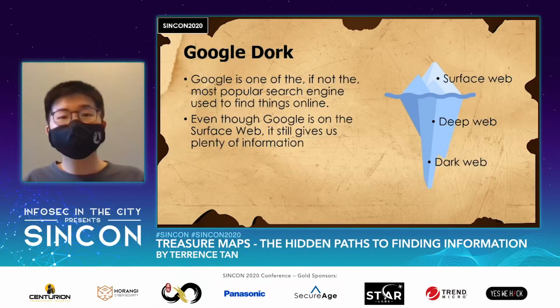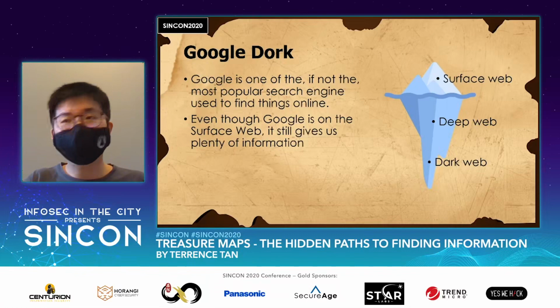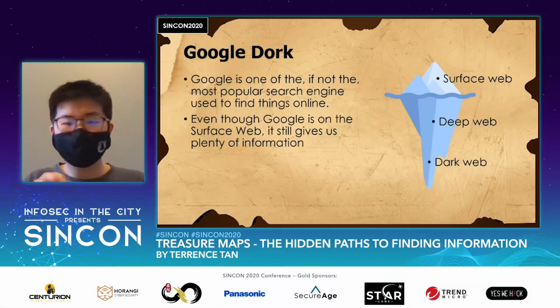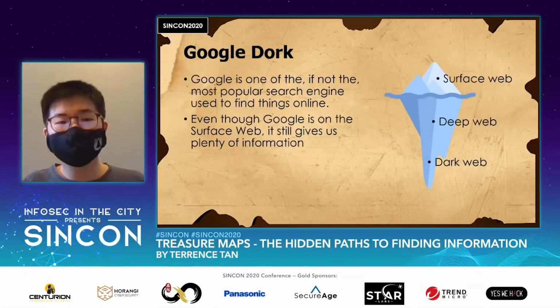Even though Google has one of the largest indexed databases in the world, they only scrape the surface web. As you can see, the surface web is just a little bit of the whole internet infrastructure in the world. But despite that, it can still give us a lot of information.